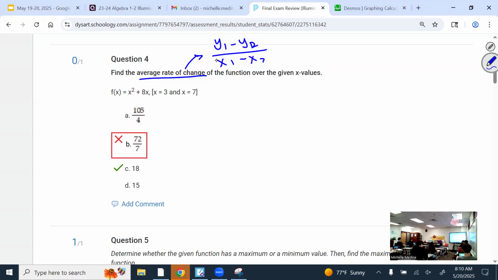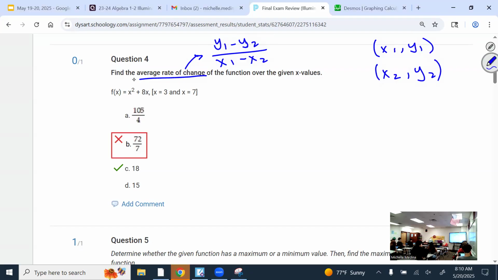Usually I switch the twos and ones, but it really doesn't matter, so long as you're picking numbers from the same coordinate and setting it up in a fashion like that, then you should be good. But you need coordinates in order to plug into this formula.